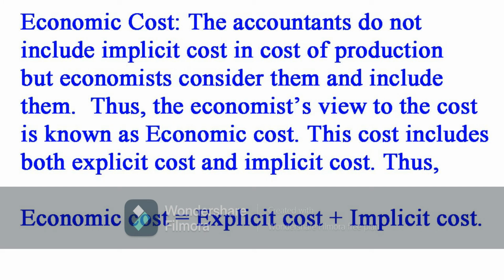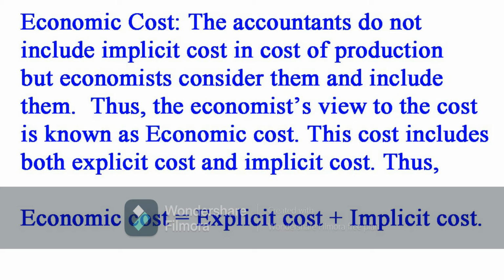Economic cost. On the other hand, economic cost is the economist's point of view to the cost. The accountant does not consider all the costs, but the economist considers some costs which are not considered by the accountant.